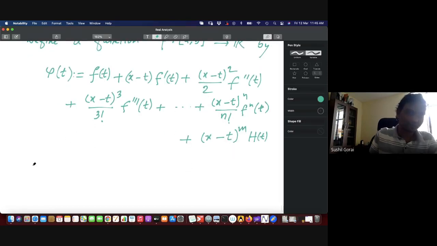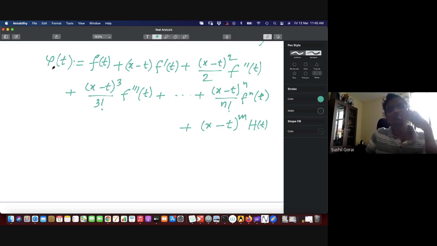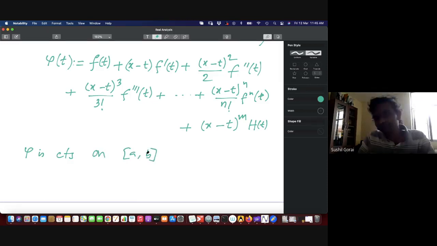Now note, this function is of course continuous on AB. Is this correct?